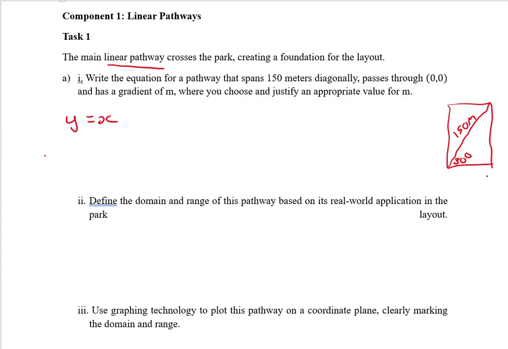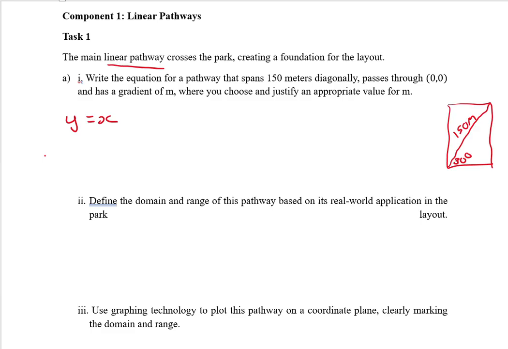So to find the adjacent, I would have used cosine: cosine 30 degrees is adjacent over 150 meters. And to find my range, I would have done sine 30 degrees is equal to opposite over 150. But I'm just going to keep it simple.